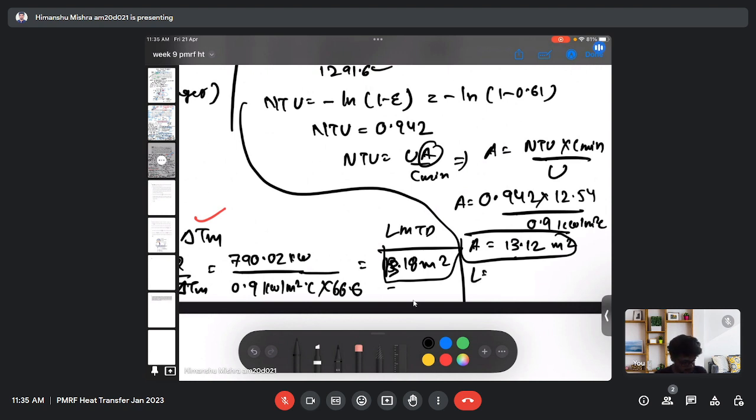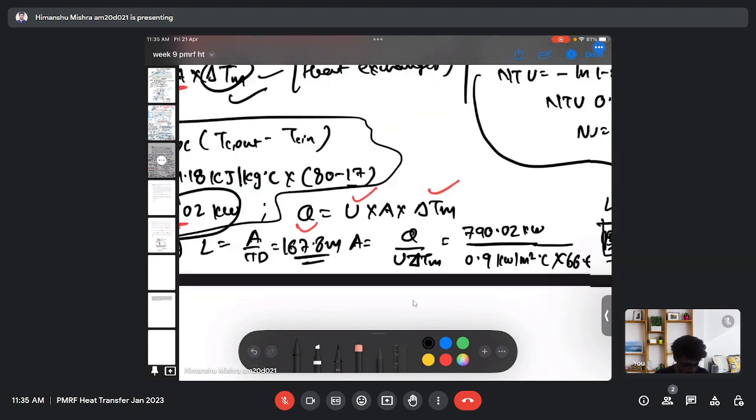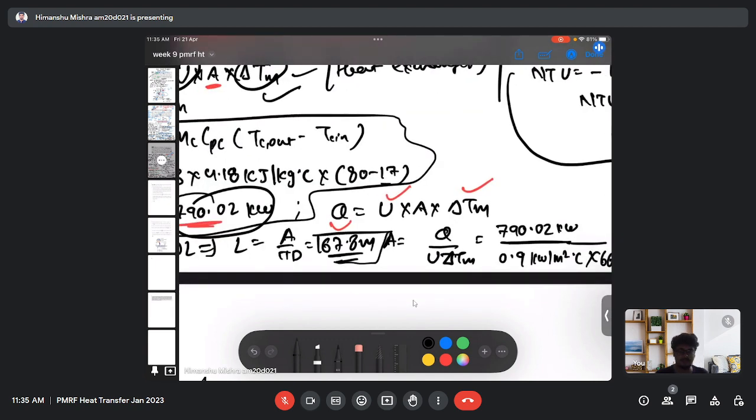So my length will be area divided by pi d, which gives 167 meters by NTU, and by LMTD it is 167.8 meters. It is quite accurate. By using both methods, we get almost similar results.